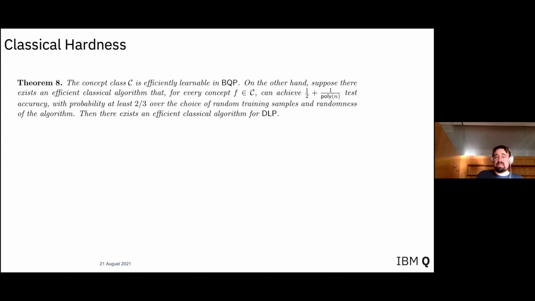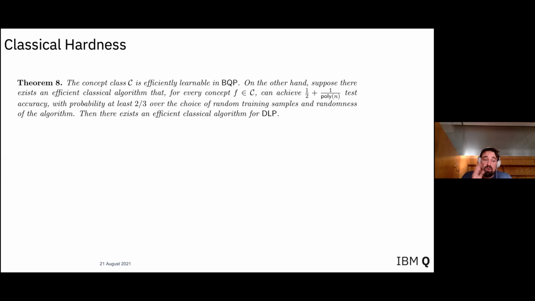The interesting thing is that only being able to predict the label, which on the face of it looks like an easier problem than the original problem of solving the discrete logarithm problem, can be shown to be just as hard as the discrete logarithm problem, right?